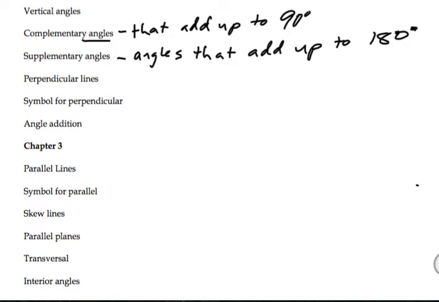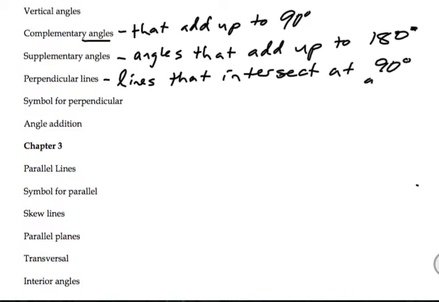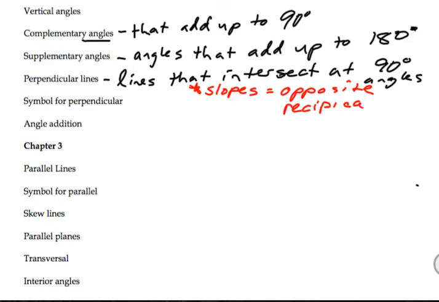Perpendicular lines are lines that intersect at 90-degree angles. Their slopes are opposite reciprocals.